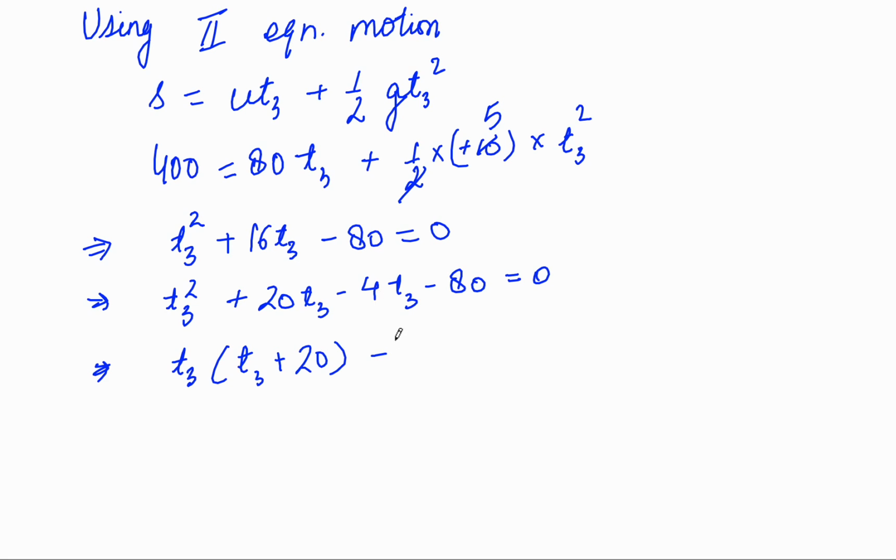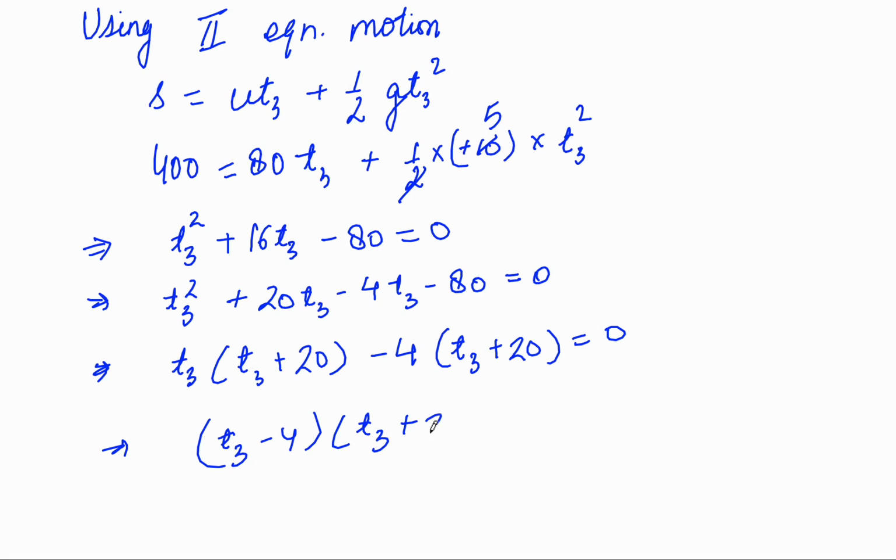I am going to take minus 4 as common, and inside the bracket it will be again T3 plus 20 is equal to 0. And this has been simplified as T3 minus 4 into T3 plus 20 is equal to 0. So now from these two things, I am going to get two values of T3. One is T3 is equal to 4, and the second one is T3 is equal to minus 20.